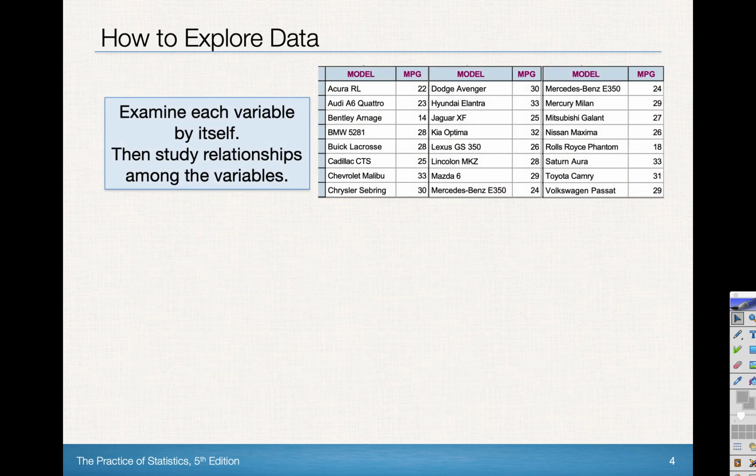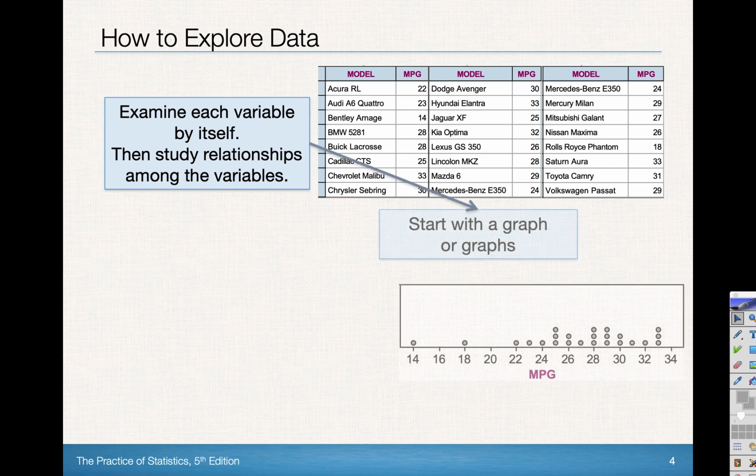How to explore data. Okay, so we can examine each variable by itself and study the relationships among the variables. So if I'm giving you data, the first thing you should want to do is put it into some sort of picture, right? A graph. Here I put it into a dot plot. You might eventually want to put it into a histogram. If you have categorical variables, you want to use something else.